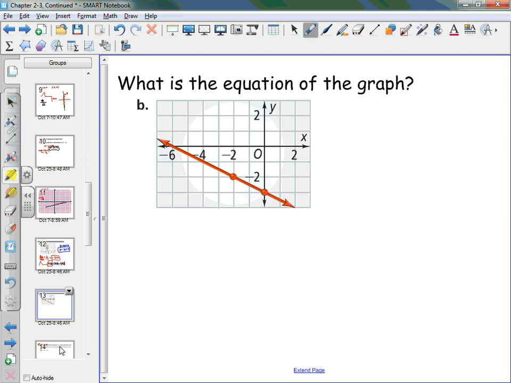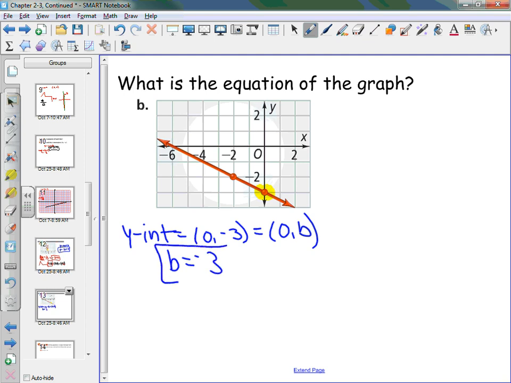What's my y-intercept? That's my y-intercept. So I know that my y-intercept is the point 0, -3, which tells me that's 0, b, which tells me that b is what? -3. If you understand right away and can tell me that b is -3, do you have to write all that? No. Now, I have to find my slope.